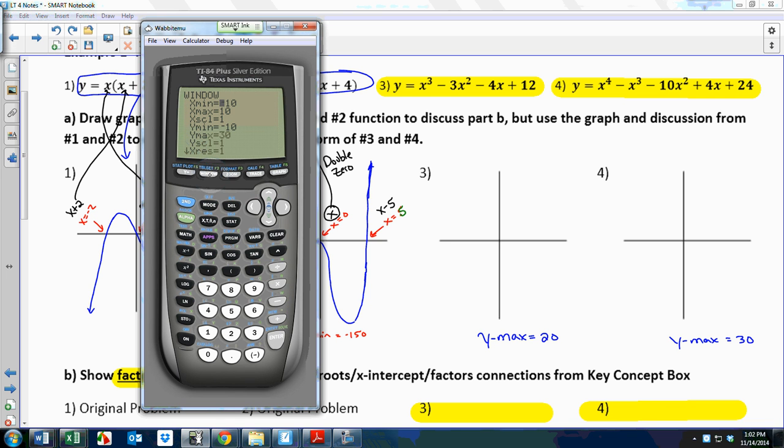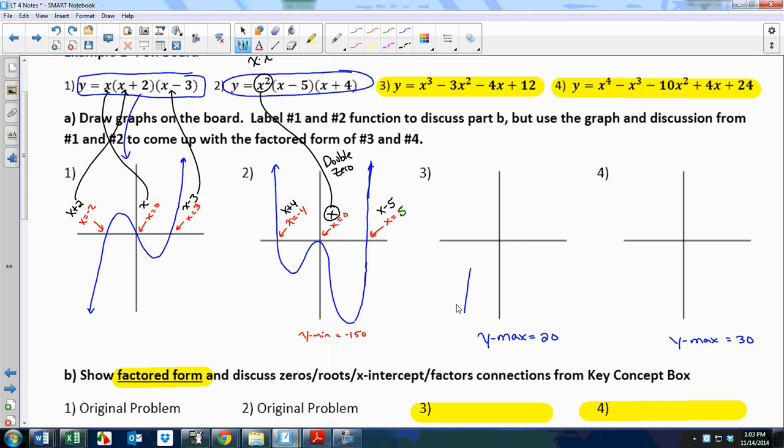I'll change my window to Y-max 20. Graph it. And the important part, it looks like it crosses at -2, 2, and 3. I'll go to the table to confirm that. Yep, it crosses at -2, 2, and 3. So over here, -2, 2, and 3. Good enough on the sketch.